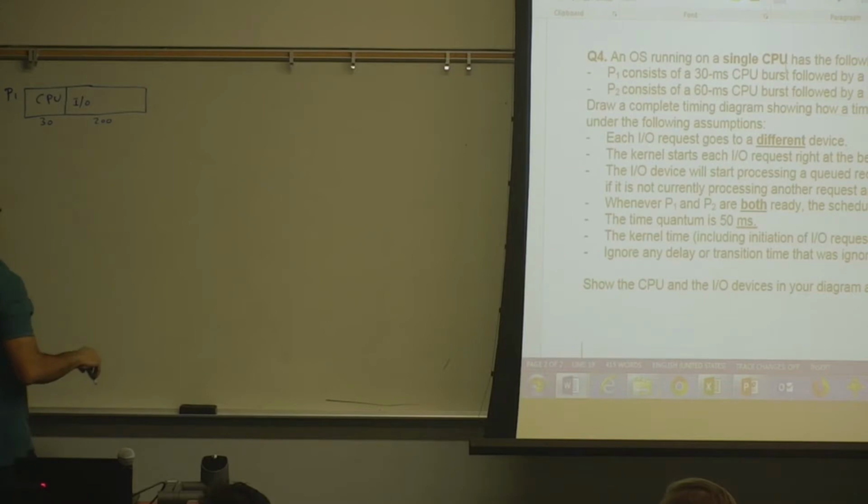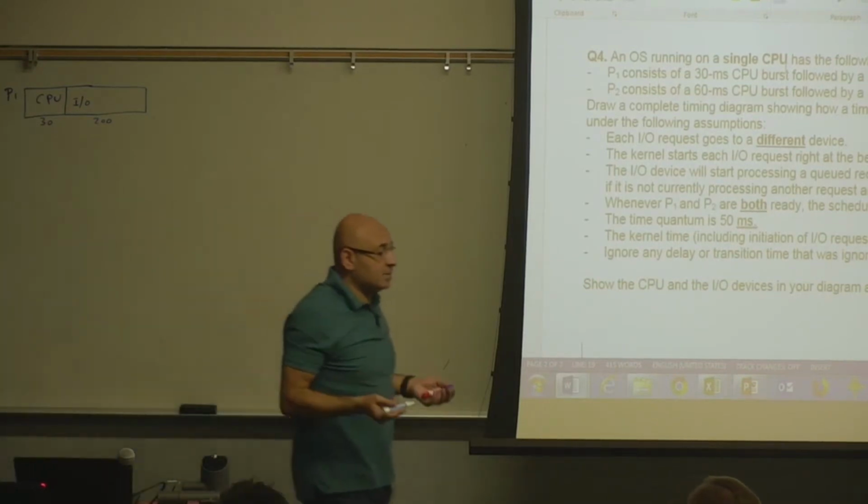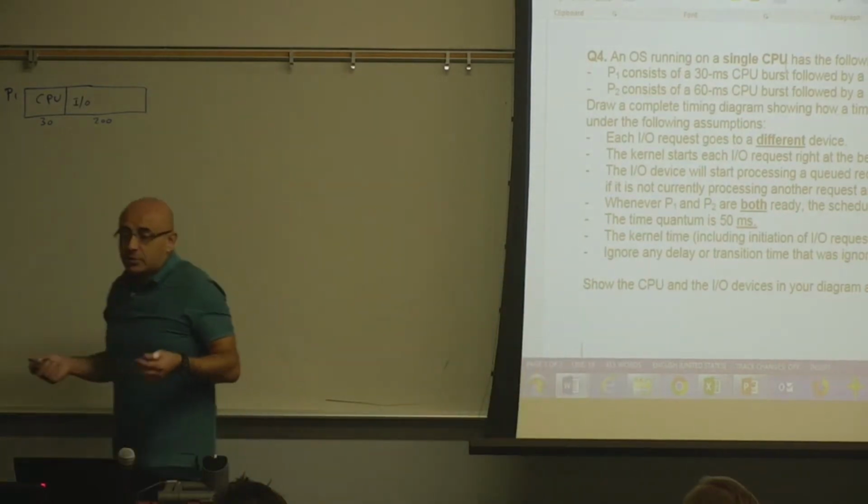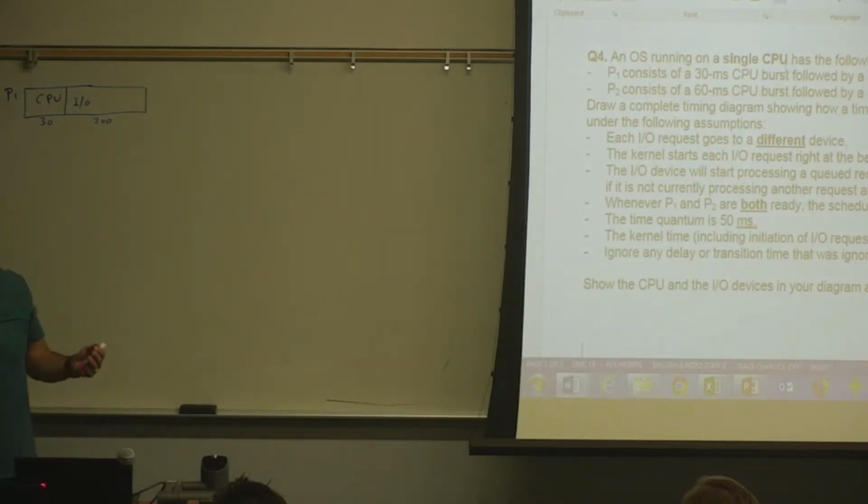It's not to scale. But I want to note here that we're saying that the I/O request is going to take 200 milliseconds. Now, in a real system, the time it takes the I/O device to process a request depends on the speed of the device, but it will also depend on the queue for that device.